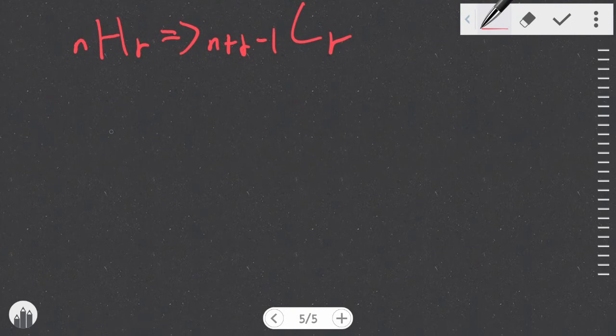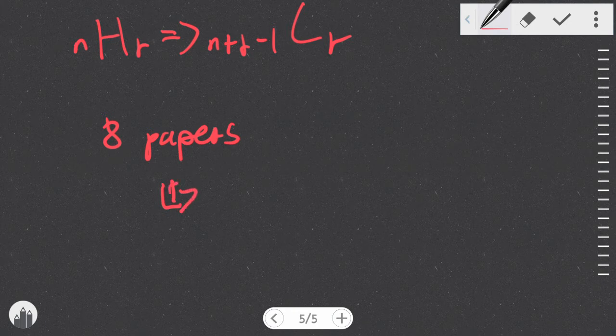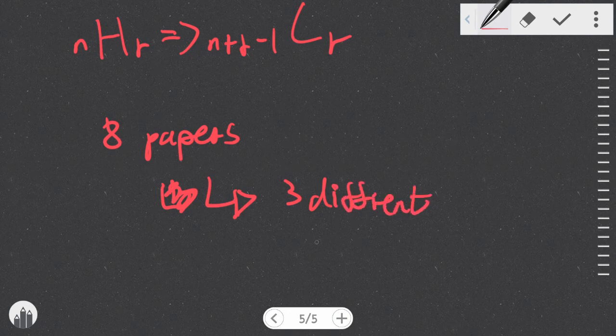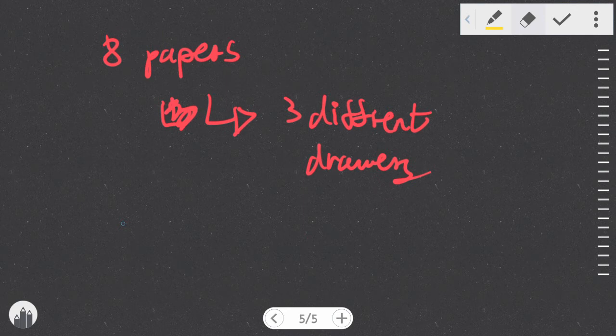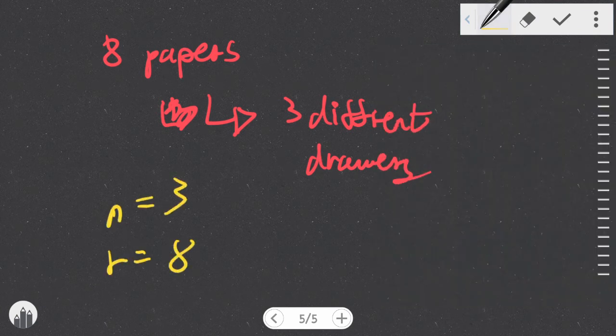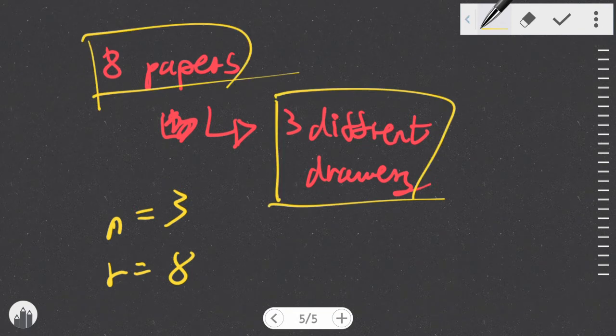We had 8 papers which are to go inside 3 different drawers. So n is going to be 3 and r is going to be 8, because you're allowing 8 different papers to be chosen in different drawers.